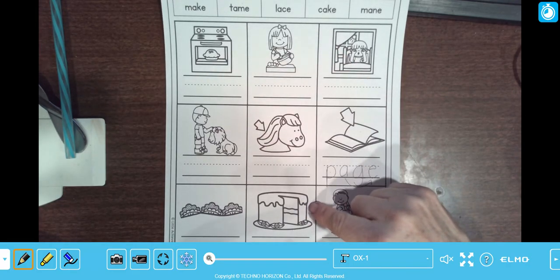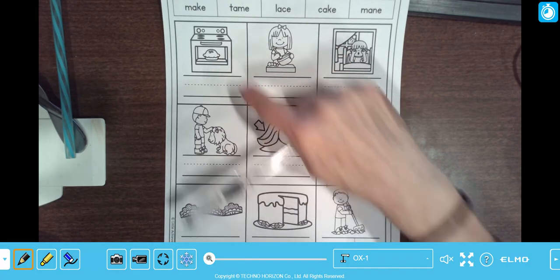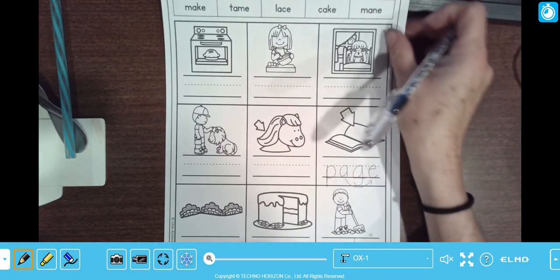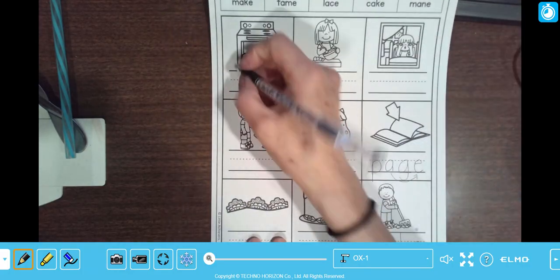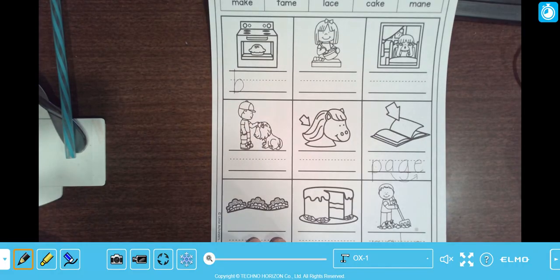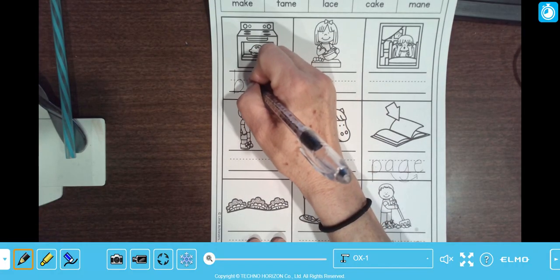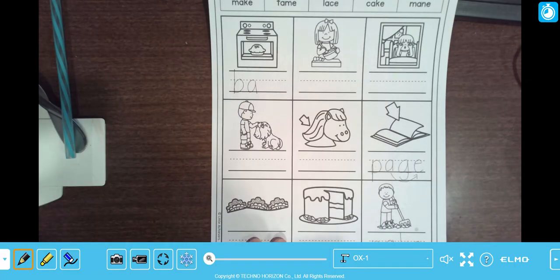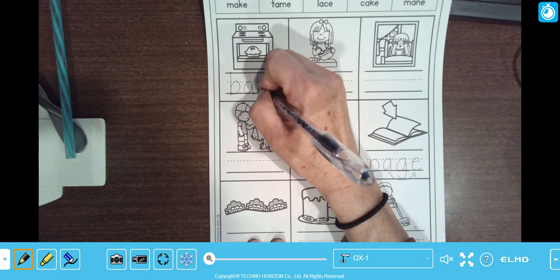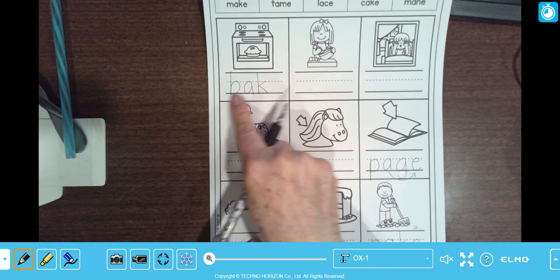This one you think sometimes might go with bake, but this one actually shows the oven. So whenever you put something in the oven to cook, you're baking it. Okay? Or roasting it. So bake, B, A, K. Now, if you leave it like this, it's back.